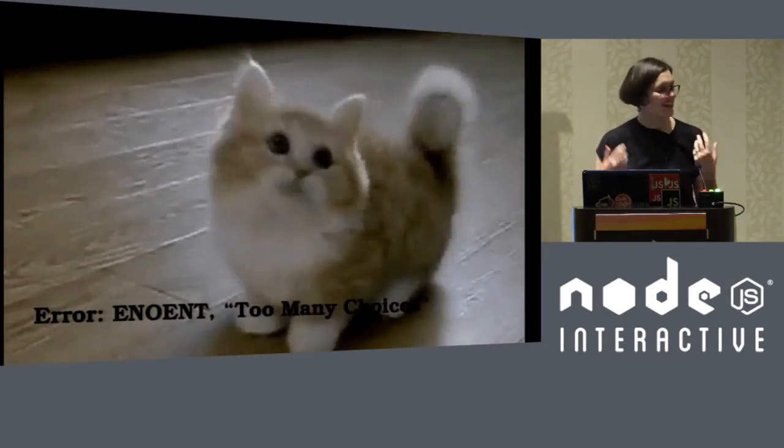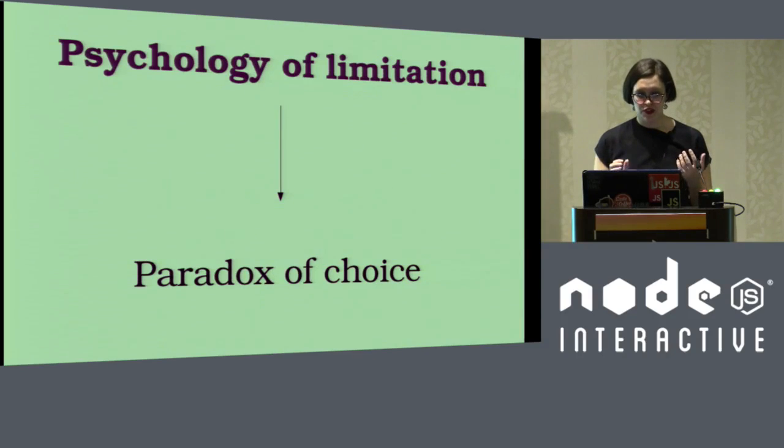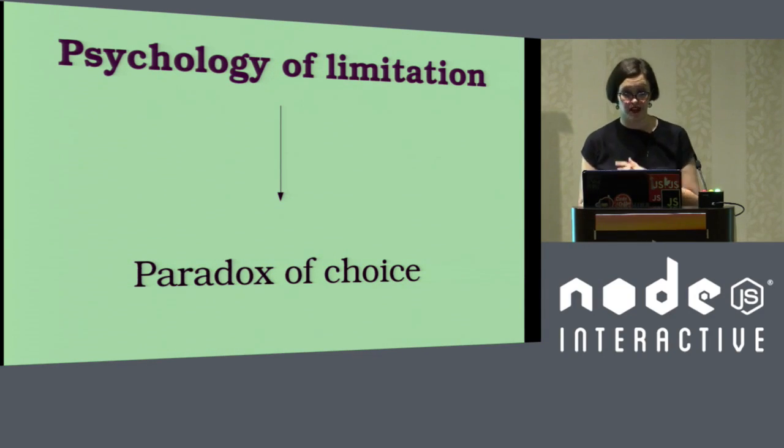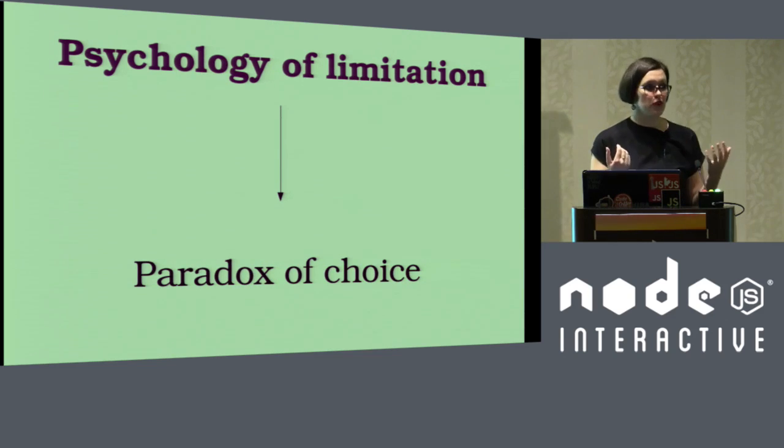So when we're faced with a task on the web side of our project, the sheer possibility can become very limiting and stressful because you have so many options. Then you're faced with this paradox of choice.